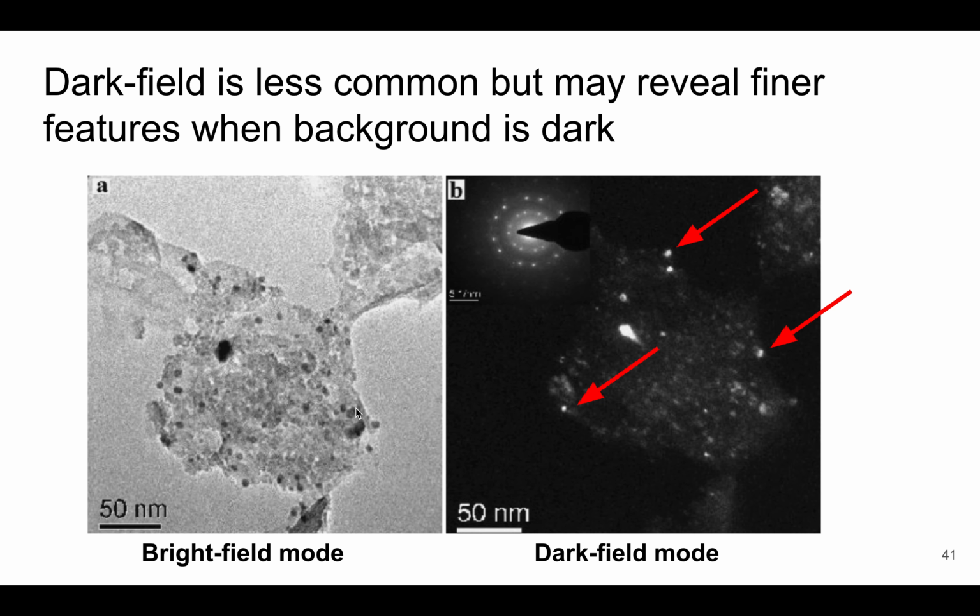Sometimes they can actually be harder to find if they're these fine features like small nanoparticles, and so sometimes you actually see them easier, like you do here in dark field, when they are bright on a dark background.